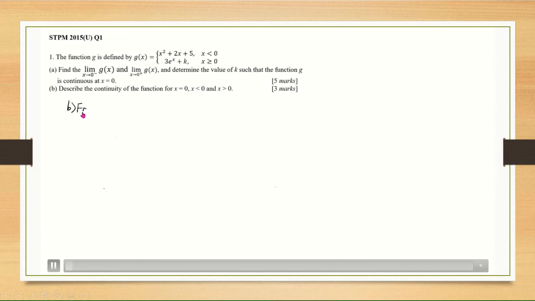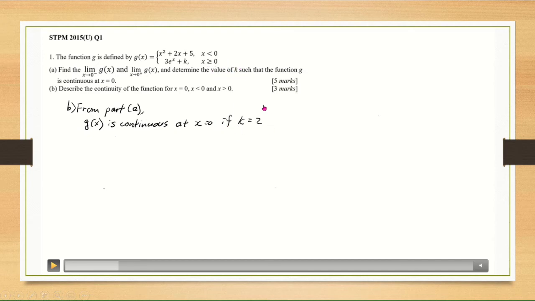When x equals 0, you can get the answer from A, where in question A you are given that the function g is continuous at x equals 0, but provided that k is equal to 2. Because question A asks you to find the value of k such that the function is continuous at x equals 0. So we found that k is equal to 2.